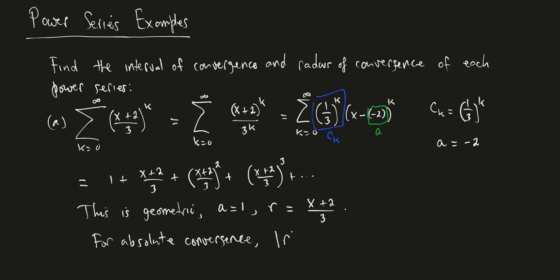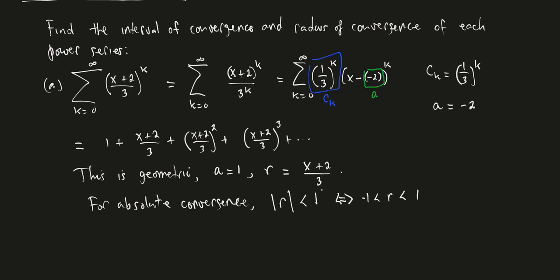You could say that the absolute value of your r must be less than 1, or equivalently, you can say that your r has to be strictly between plus or minus 1. It can't even be equal to the endpoints. So I'm going to use this version of it and set up a nice inequality, and we should be able to solve for x.